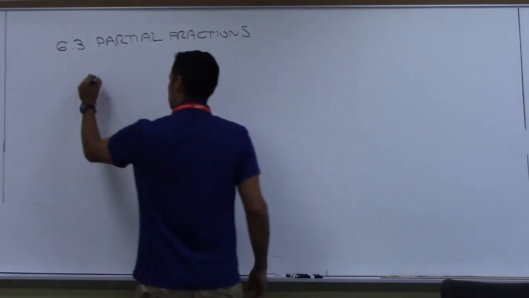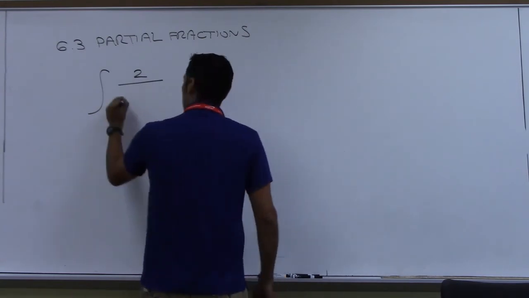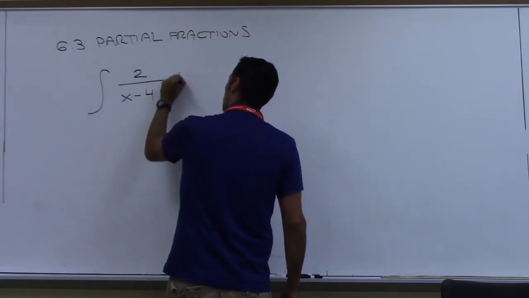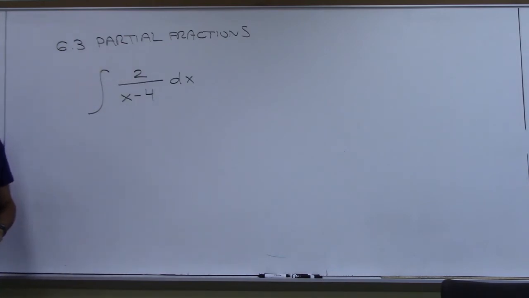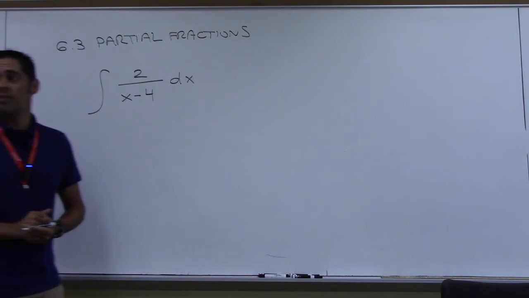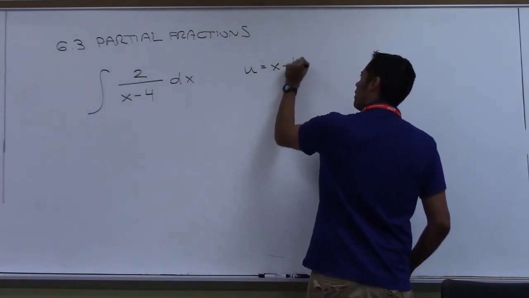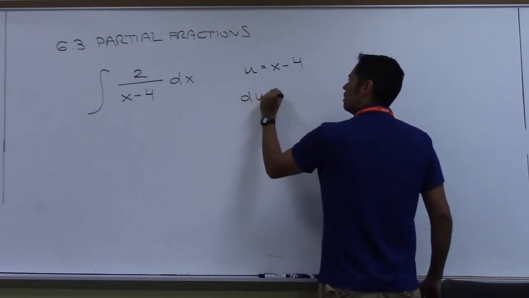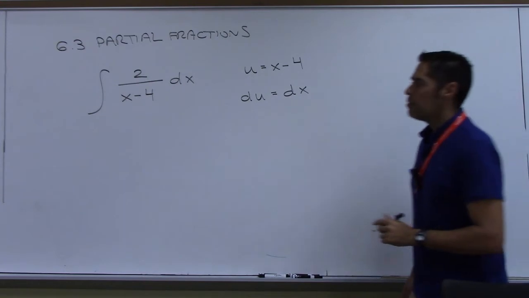First one, if we have a constant like 2 divided by a linear expression like x minus 4, we can handle this really easily if we make a substitution of u being the bottom, basic substitution. u would be equal to x minus 4. What's the derivative of that? 1 dx. Then we could rewrite the integral how?